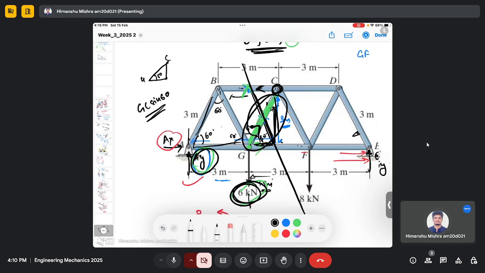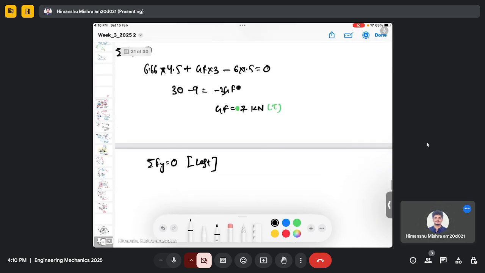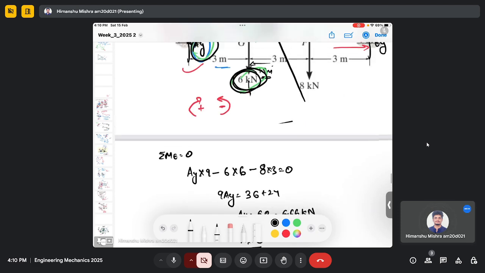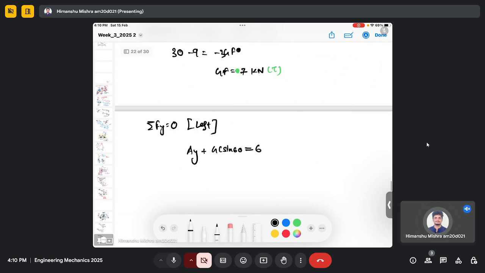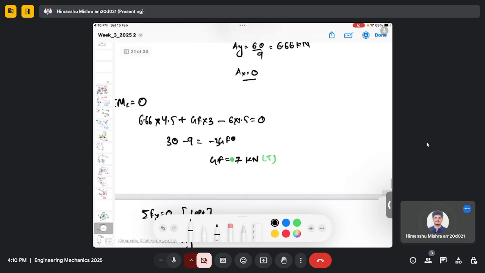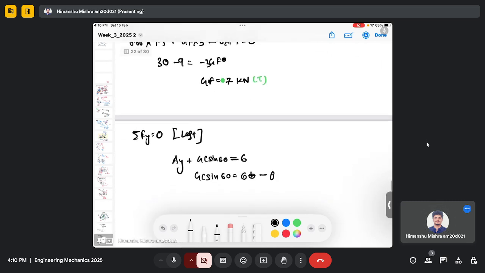So it is AY plus GC sine 60 minus 6 kilonewton. If I bring it to the right hand side, it will be equal to 6. So GC sine 60 equals 6 minus 6.66, so it will be equal to minus 0.66.